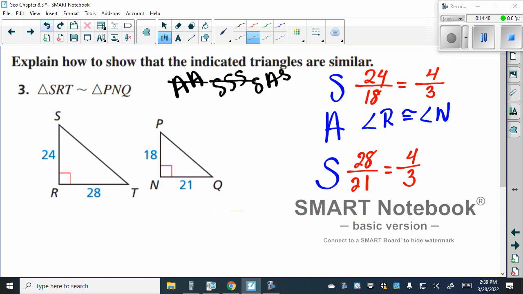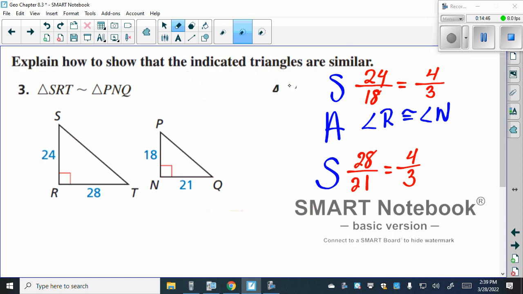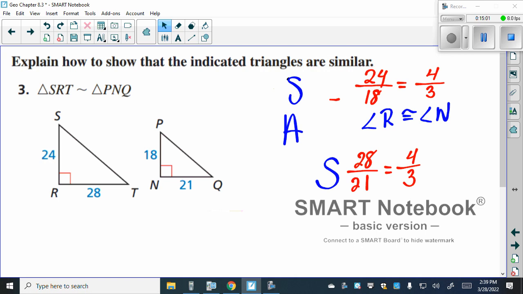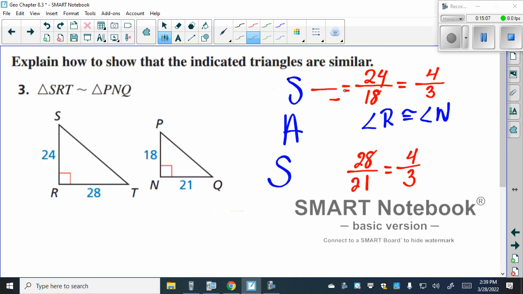Now, really, if we wanted to, what I could do, and what we could say, is that for 24 and 18, we could have said SR over PN, and here NQ and RP, if we wanted to make it more precise.